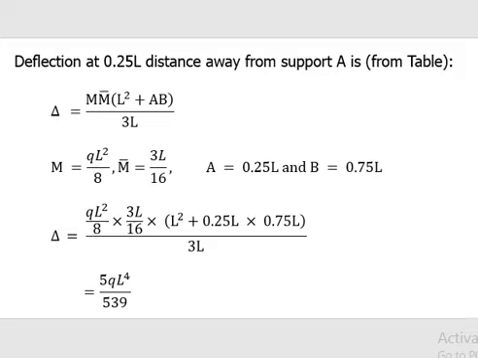Now, to calculate the displacement as demanded, we go to the table and lift the formula. For the first one, we lifted the formula Mo times M bar into (L squared plus AB) all over 3L.